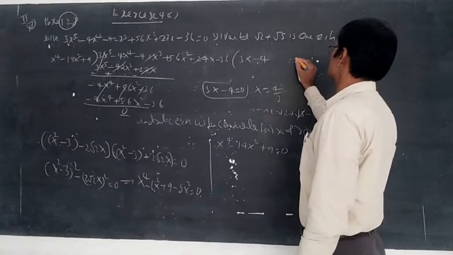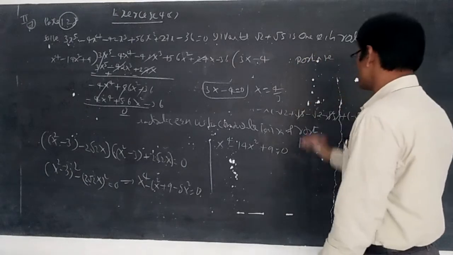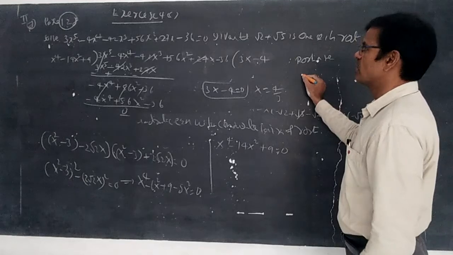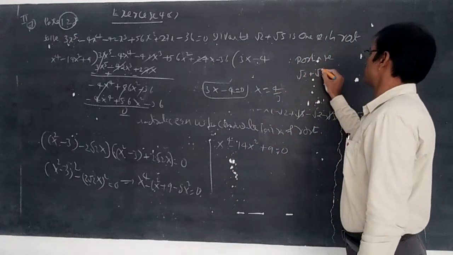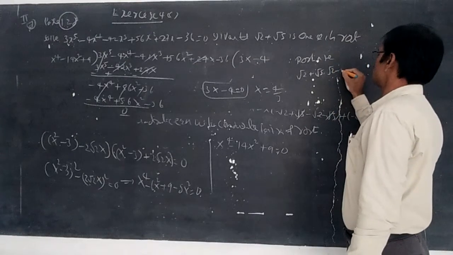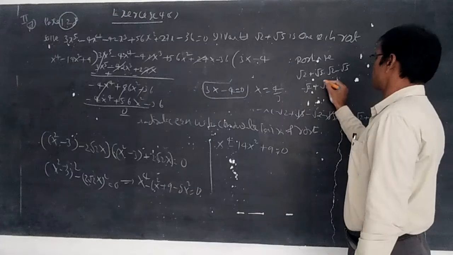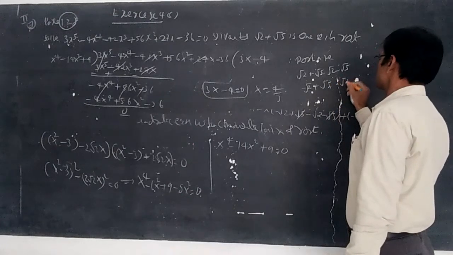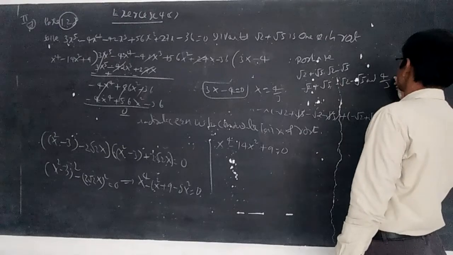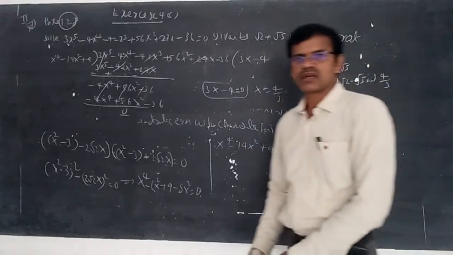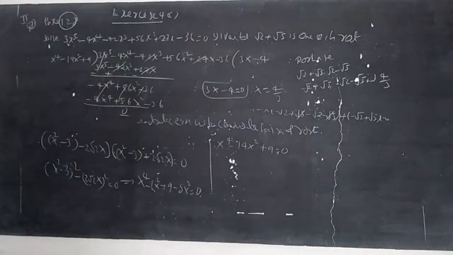Therefore, you can say the roots are the conjugate surds only, whatever roots are given: root 2 plus root 5, root 2 minus root 5, minus root 2 plus root 5, minus root 2 minus root 5, and the real root 4 by 3 is the rational root. We got the rational root is 4 by 3.